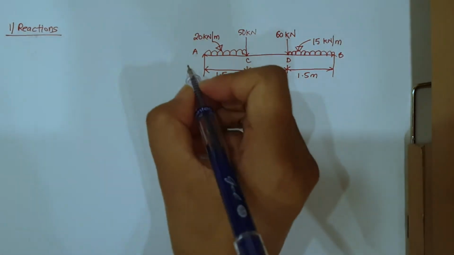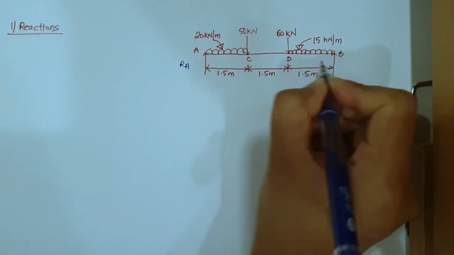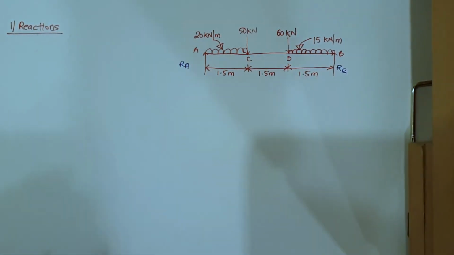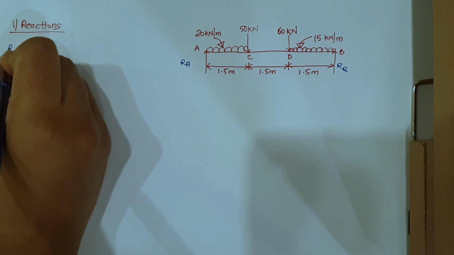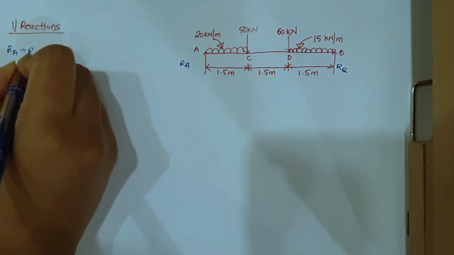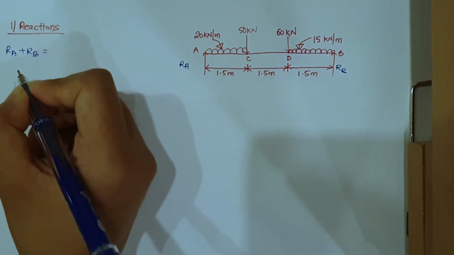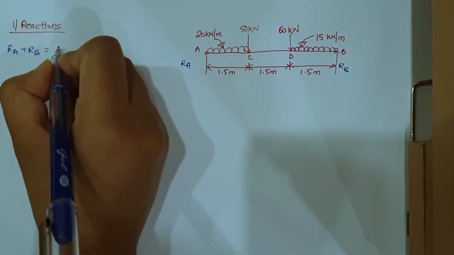Right? So I have here RA and here RB. So total reaction will be equal to total load on the beam. So what is the total load?